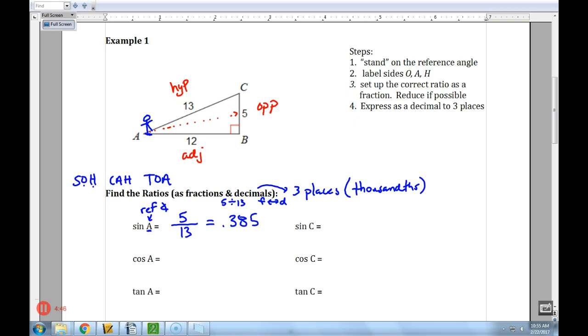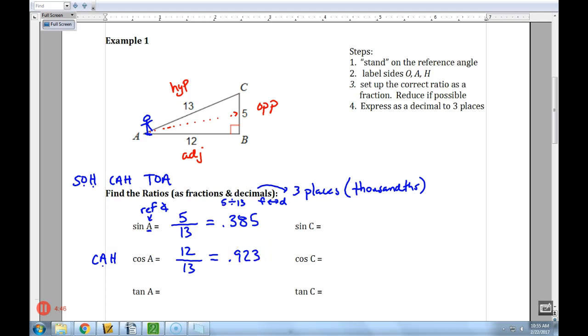Now the cosine of A, that's CAH. So that's the adjacent, which is 12, over the hypotenuse, which is 13. 12 divided by 13 gives 0.923, followed by a 0, so I can just leave it as 0.923.